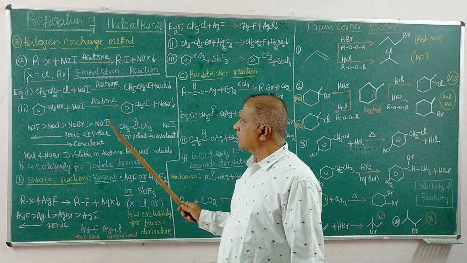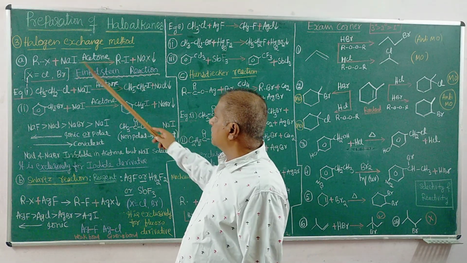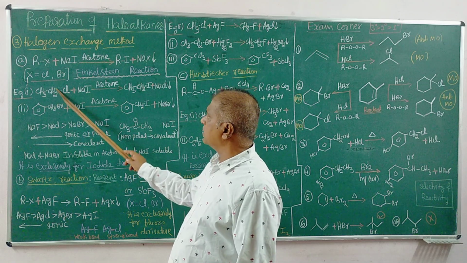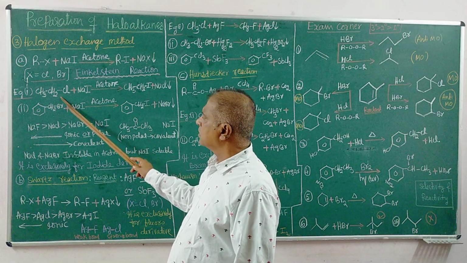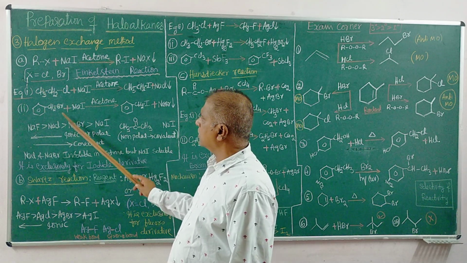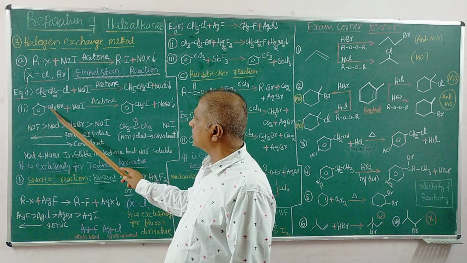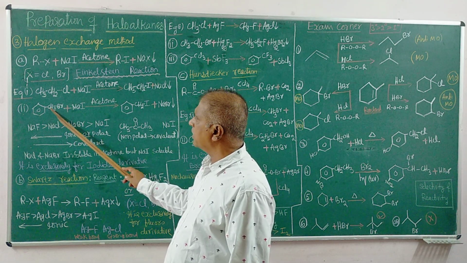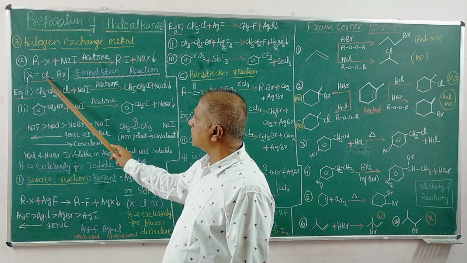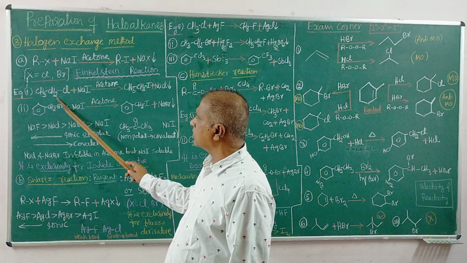Here this is the generalized equation. The examples: R is ethyl, and here R is benzyl. This is an aromatic group, but this carbon is an alkane carbon.